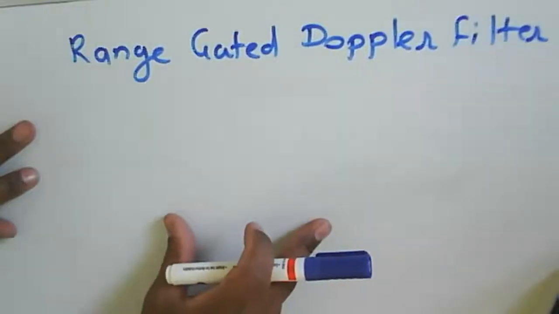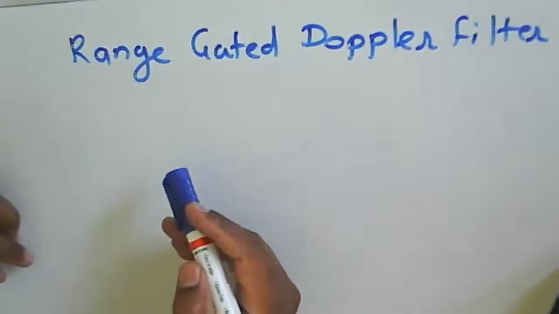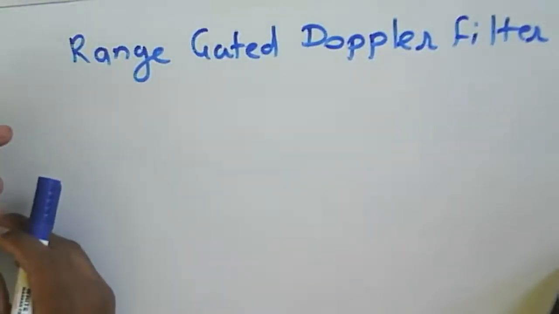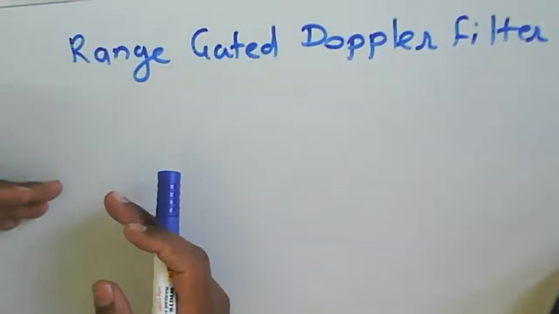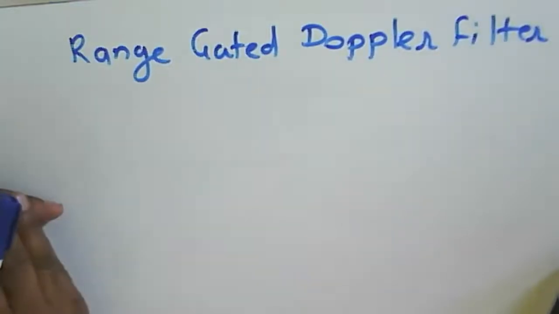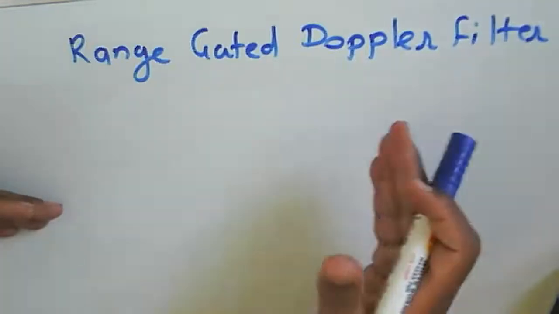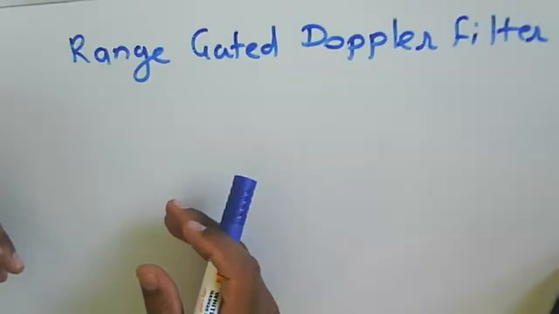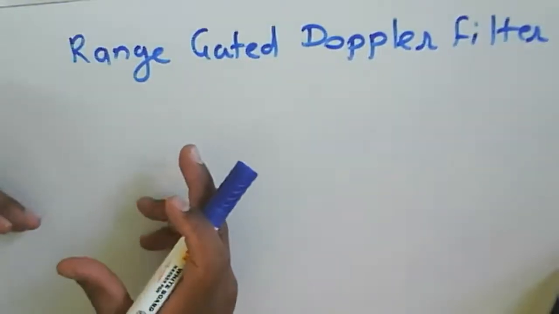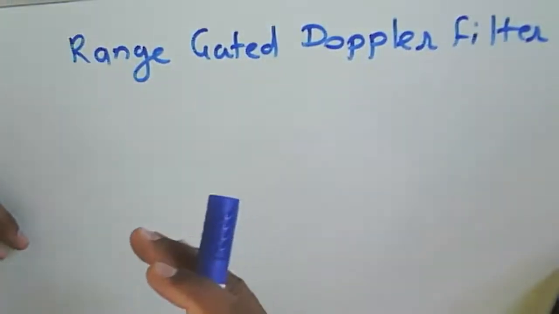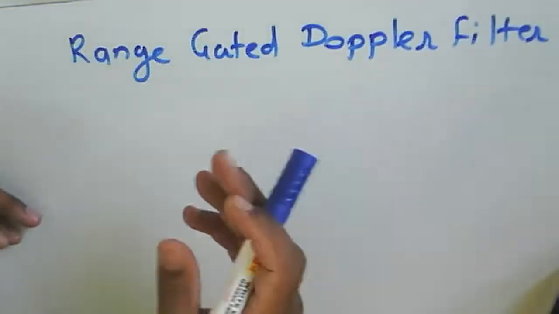But here what happened? Our target is moving. So in that case, we need to separate out the signal from the moving target, as well as we need to separate out the signal from the stationary clutter. For that purpose, a delay line canceller is used to remove the stationary clutter.